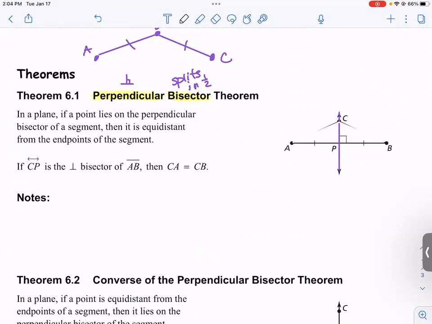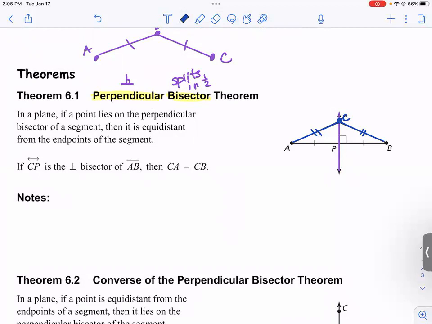I can pick a point like C, and since C is a point on the perpendicular bisector, it is equidistant from the endpoints. So I can say that this distance CA is the same as this distance CB. Any point on the perpendicular bisector is going to be equidistant, same distance, from the endpoints that it's intersecting.